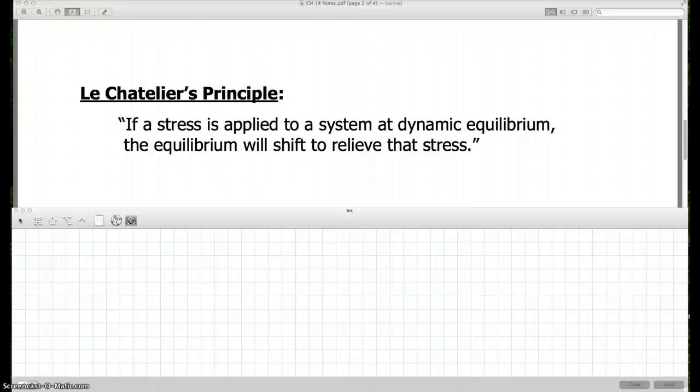So again, Le Chatelier's principle says if we have a reaction that's at equilibrium, at this kind of balance point, shown with that double arrow, and we knock that balance off somehow, it'll get back to a new balance point.